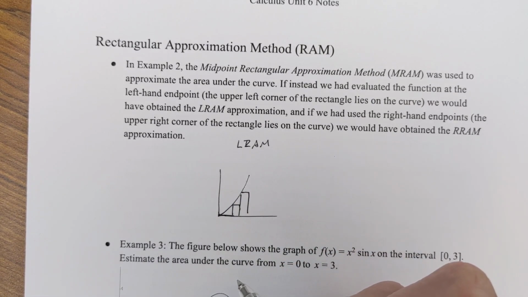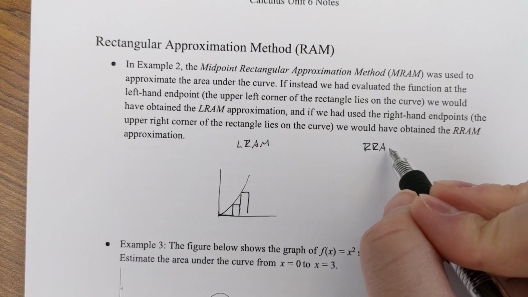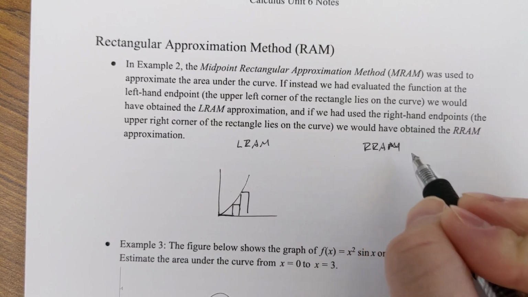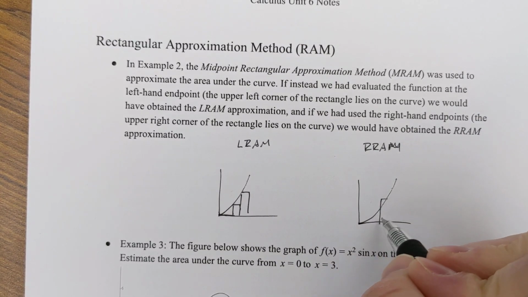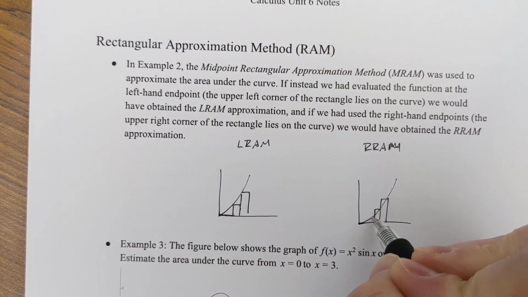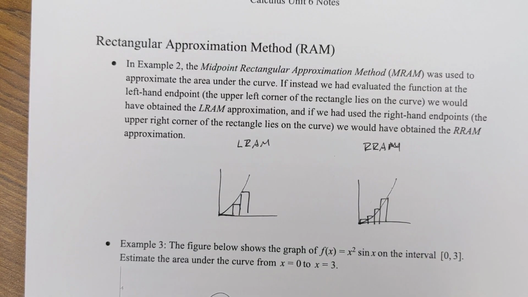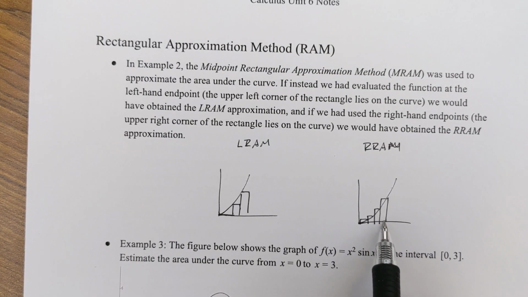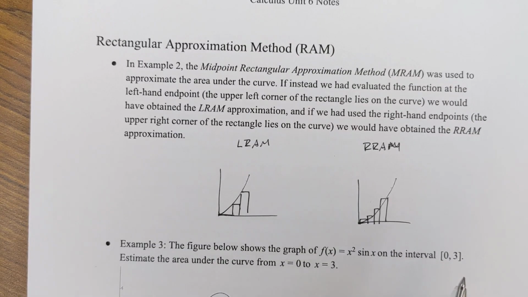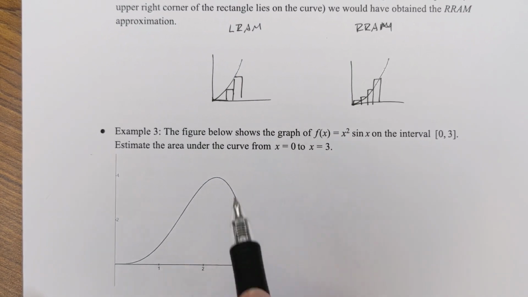There's actually one here, but it has height 0. For RRAM, the right rectangular approximation, the right corner of your rectangle sits on the curve itself. So you can either choose the right side, the left side, or the middle. It's your choice which one you use, unless it's specified by the question.